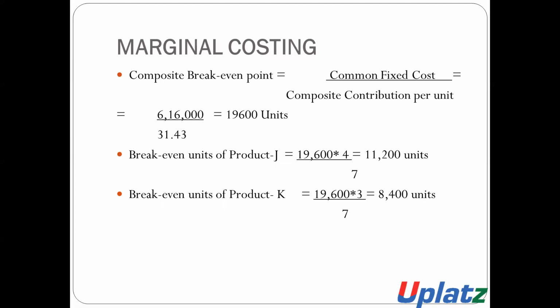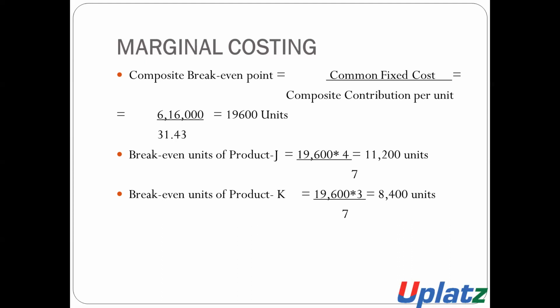The common fixed cost is 6,16,000 per month, and the composite contribution per unit is 31.43. So the composite break-even point is 19,600 units.